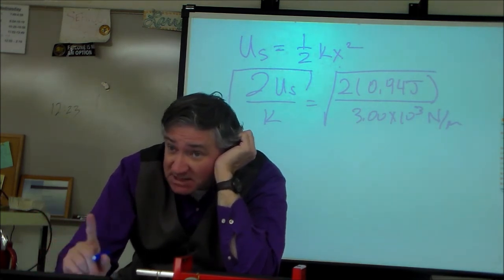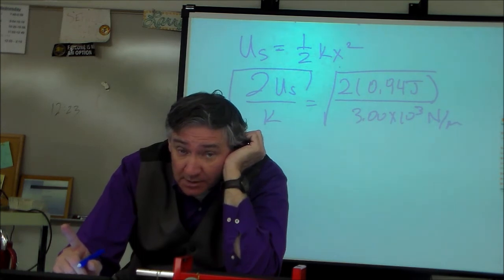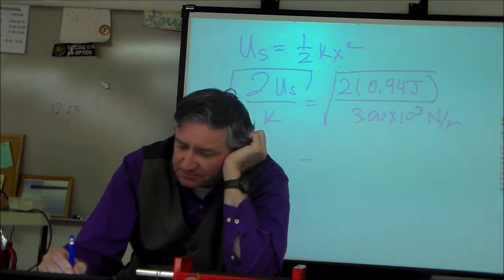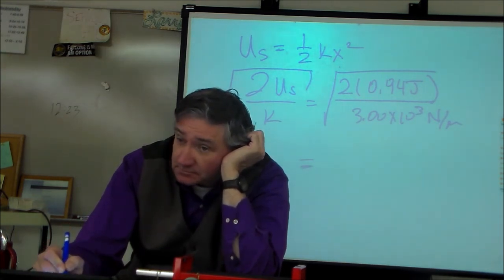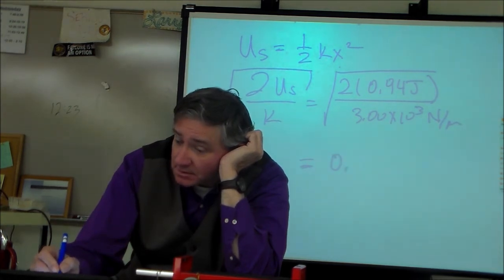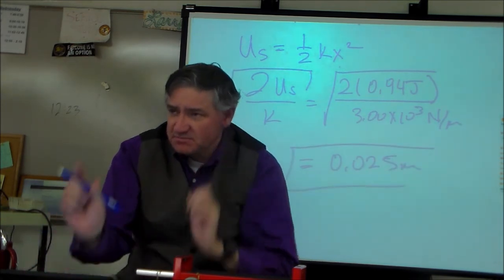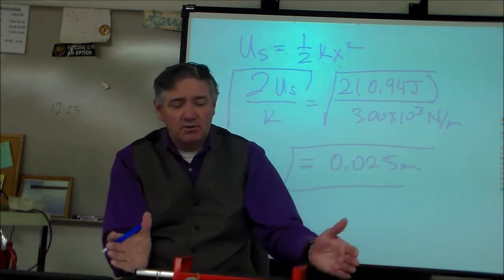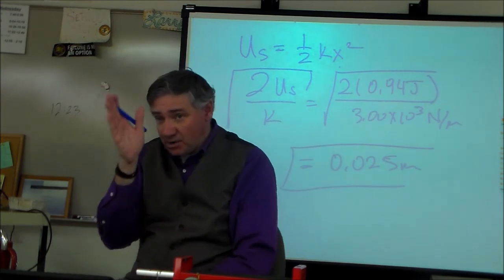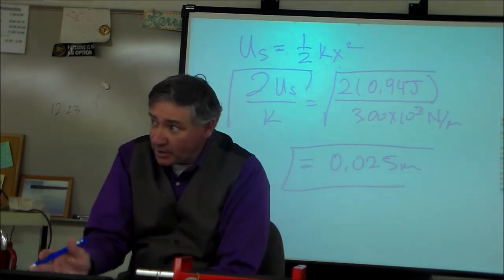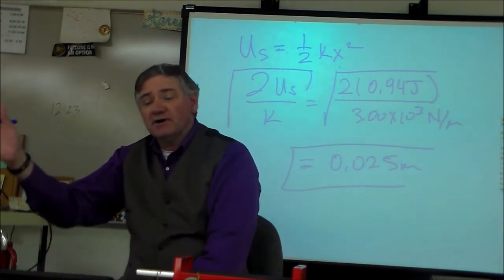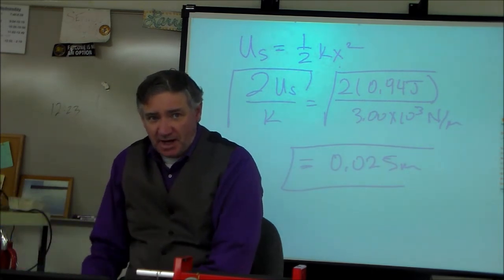So my answer has to be bigger than 0.01. So what do you get? 0.025 meters, which is about 2.5 centimeters. Because my answer had to be bigger than 0.01, it's bigger, it's 0.025.